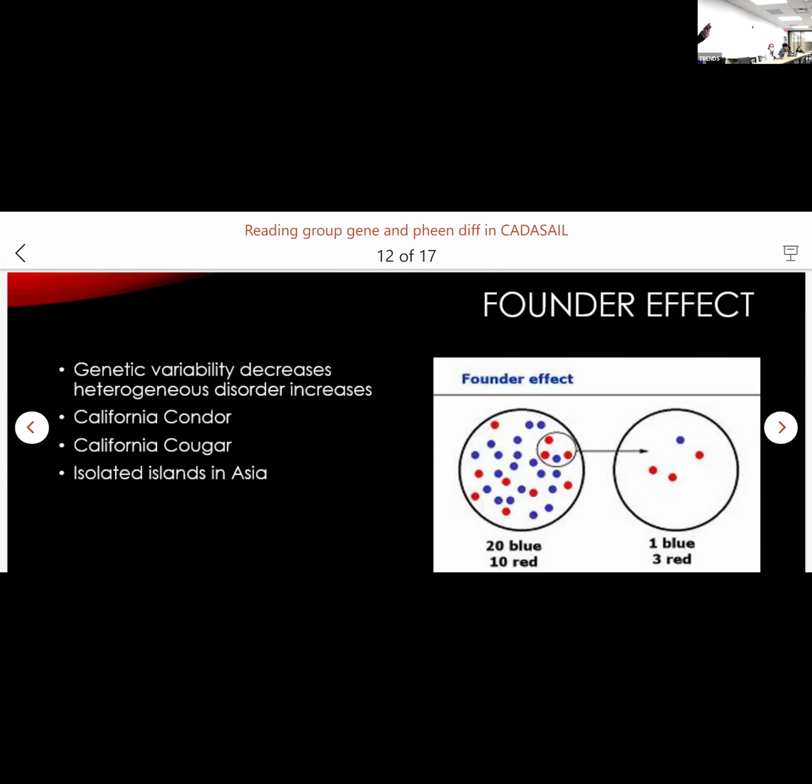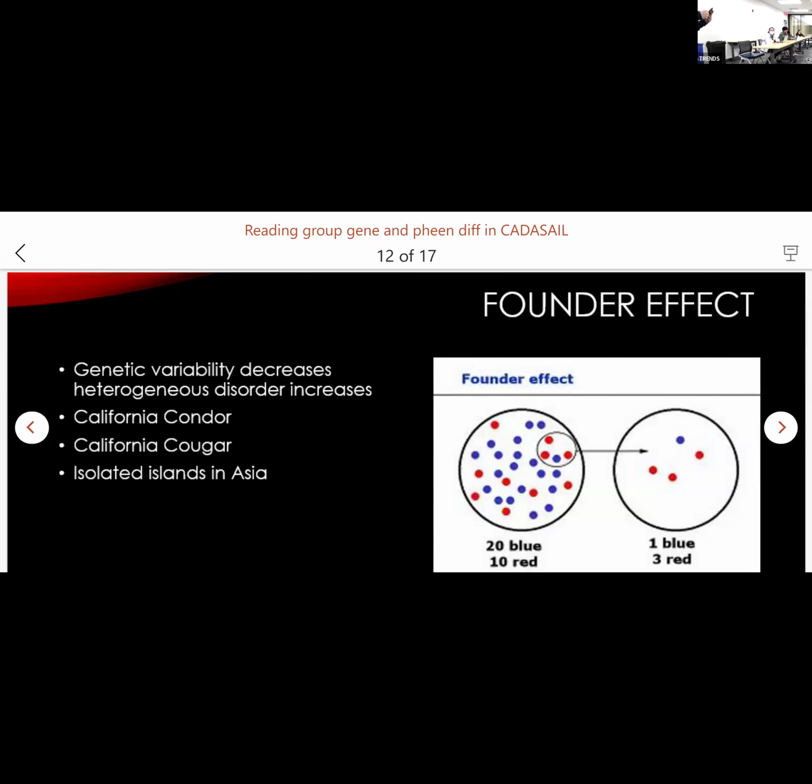But that's a famous example. And then a more recent example is the California cougar, as there is a highway, I can't remember the highway itself, so if anyone remembers the highway, please shout it out. But there is a highway out in California that has basically cut and stopped all the cougars themselves from actually migrating, so they've been stuck in, I don't know if anybody's been to California, but the traffic's annoying, and I don't think a cougar would want to walk through the highway.